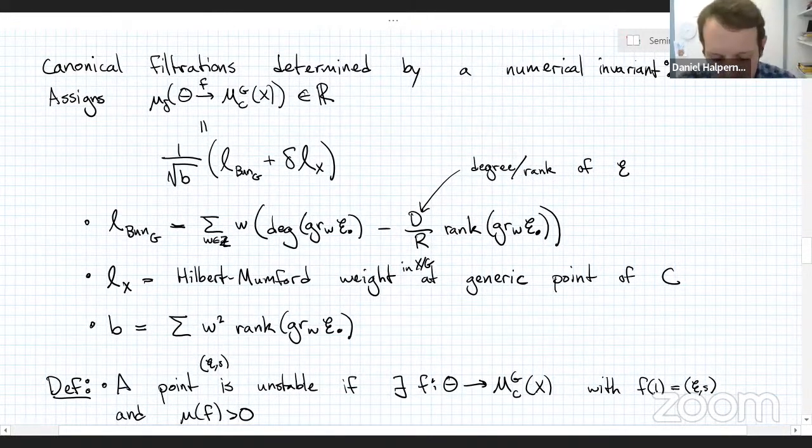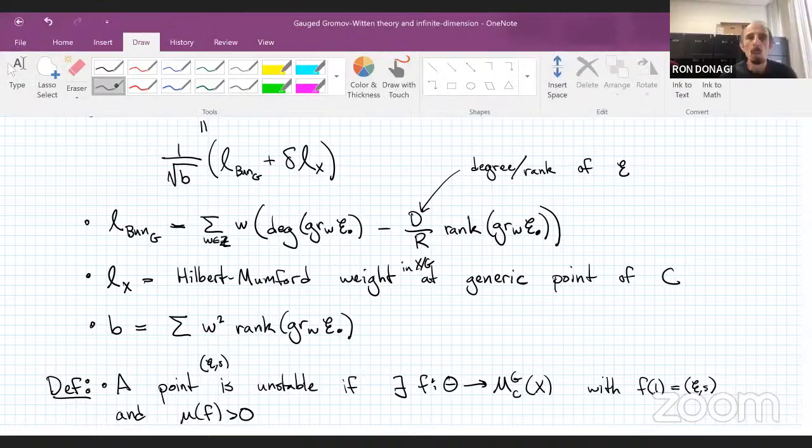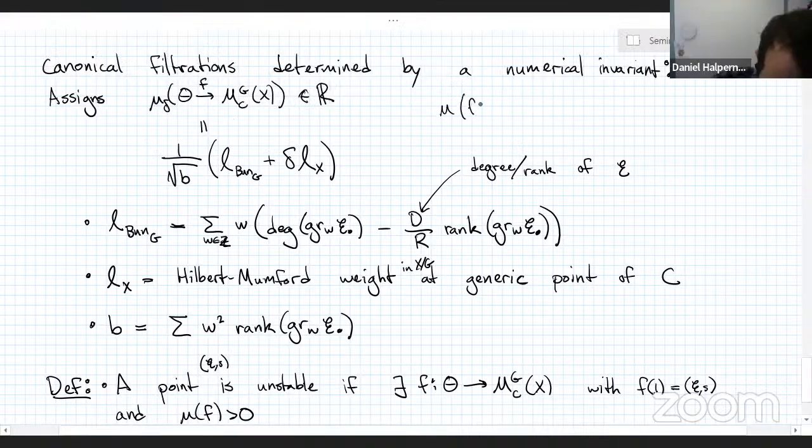Well, so I mean, the traditional place where a function like this comes from is, you say that mu of a map like this is the weight of some line bundle.